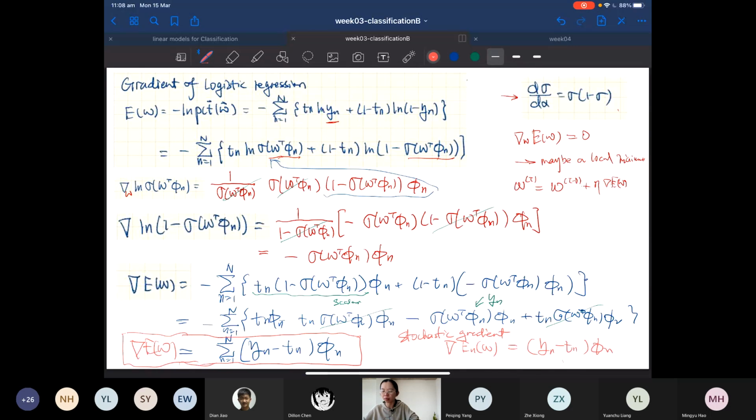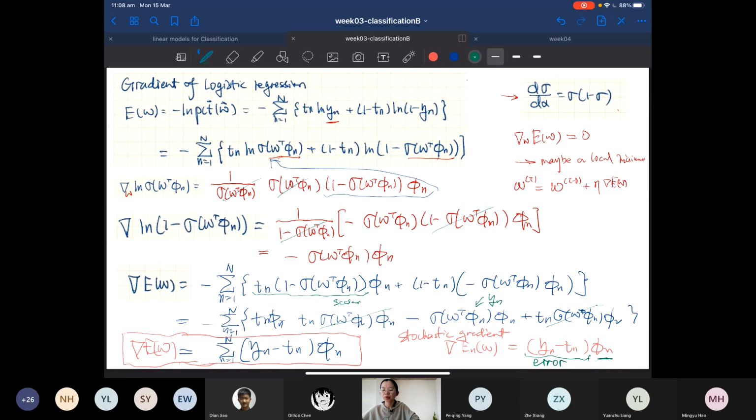So what this says is if there is an error in the network output with respect to the ground truth, then update the weights based on the feature value.